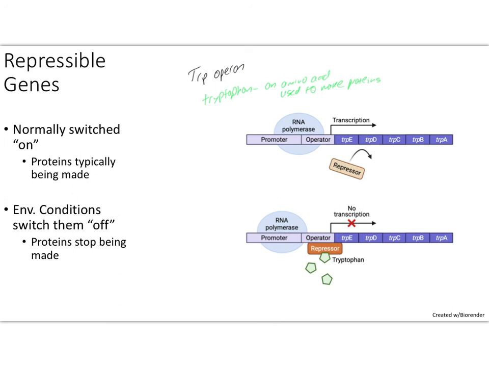So don't take that to mean that only bacteria that produce endospores have this operon. That's not true. That's not what I'm saying. This is just an example of when this operon might be used to stop the production of proteins.